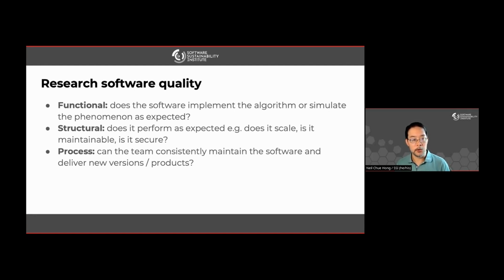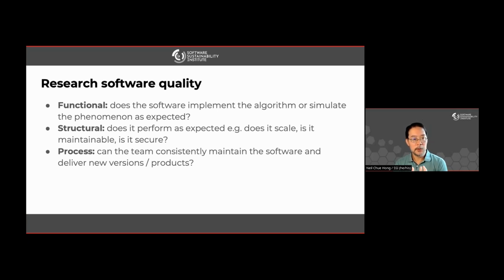We will know some of the requirements around the way that someone expects to use the software, but we might not have the same understanding of what is good or bad performance, for instance. And so I break down research software quality into re-examining those three aspects as follows.